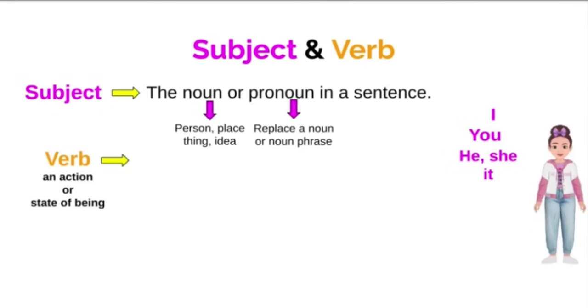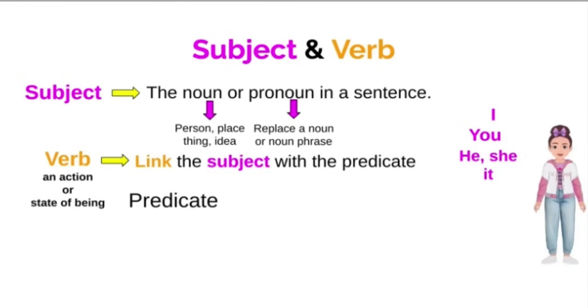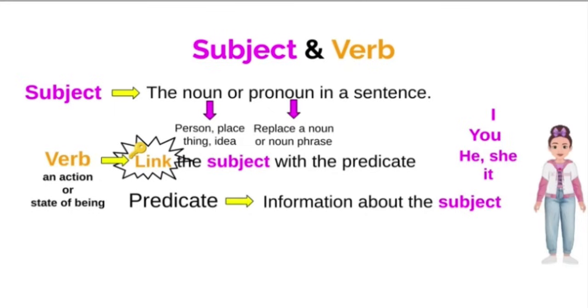In this lesson, we'll focus on verbs that link the subject, who we're talking about, with the predicate. Now, a predicate is information about the subject. The key word in the subject-verb agreement is the link. The link is our key.